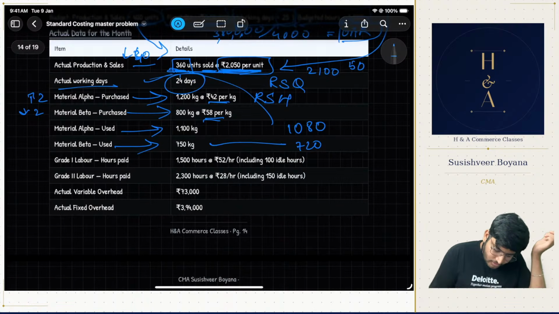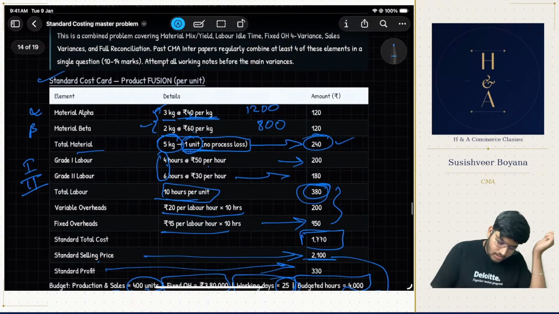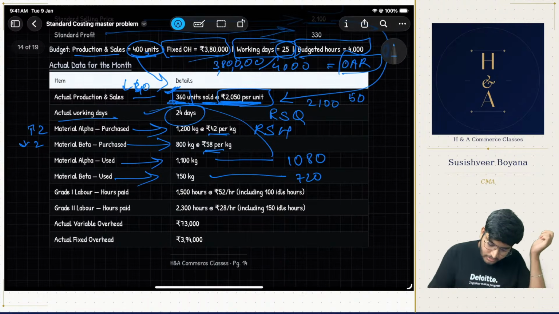Perfect. But what have they used? Based on the production, what should they have used? 3 of alpha, 2 of beta per kg, per unit. Into 3 gives me this, into 2 gives me this figure.